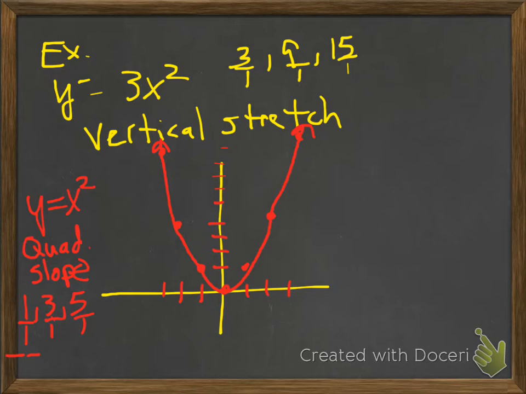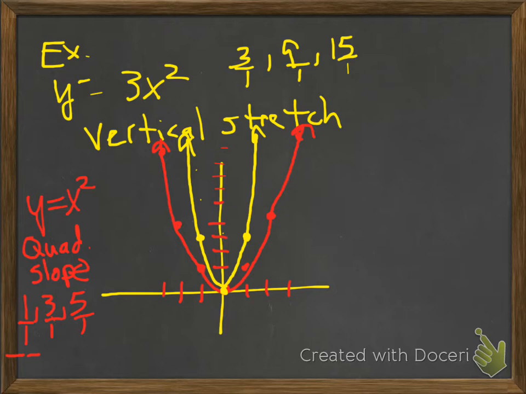From the vertex, because it's still starting at 0, 0, I'm going to go up how many? Up 3, and then to the left and to the right 1. So up 1, 2, 3, to the left and to the right 1. I could try to go up 9, but I think I go off the graph, so I didn't worry about that. I just connected my points and made my U shape.